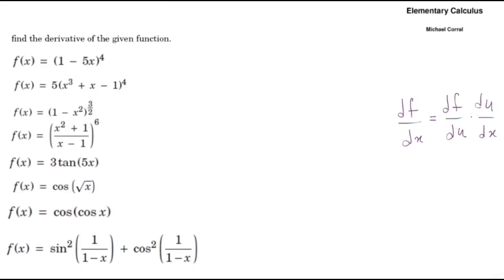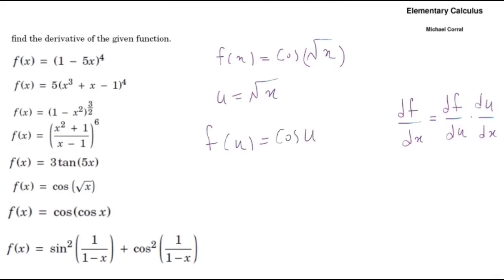The next function is f(x) equals cosine of the square root of x. So firstly, we consider the square root of x as the u function, so u equals the square root of x and f(u) equals cosine u.